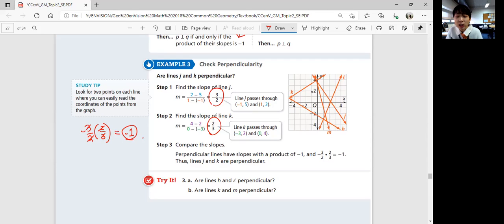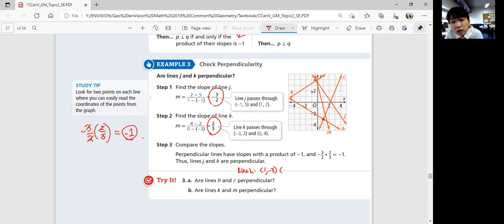Are lines H and L perpendicular? All right, so pick 2 points for H and L. For line H, we're going to pick 1, -3.